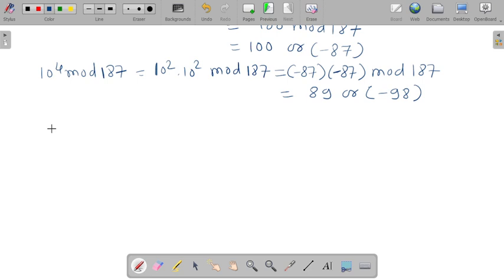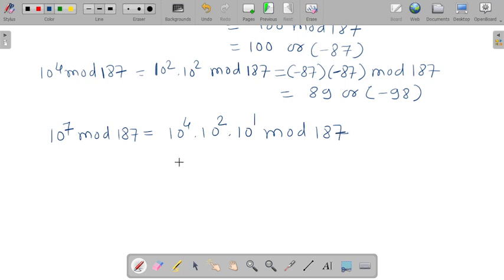Now we will find the answer for 10 raised to 7 mod of 187, which is equal to 10 raised to 4 into 10 raised to 2 into 10 raised to 1 mod of 187. So you have to put the values of your 10 raised to 4, that is 89, then 10 raised to 2, that is 100, and 10 raised to 1, that is 10, mod of 187.